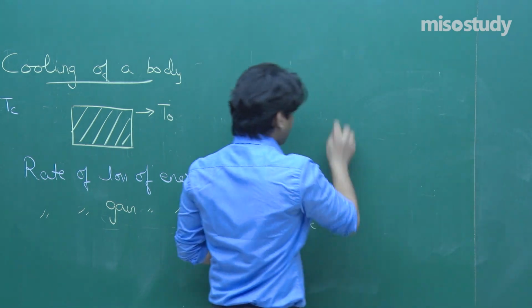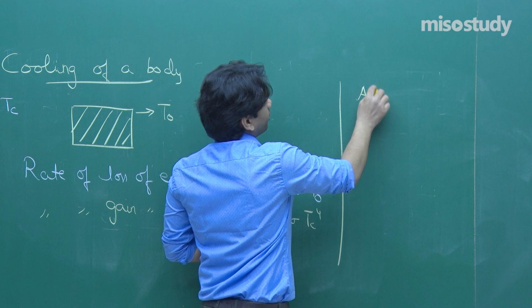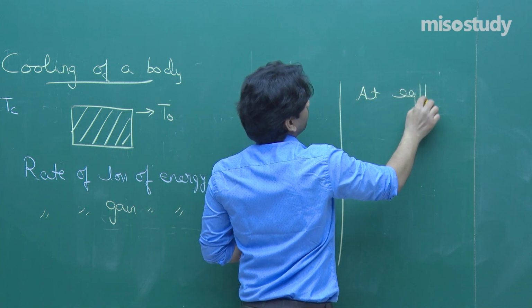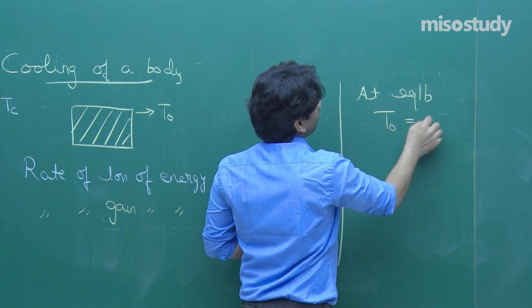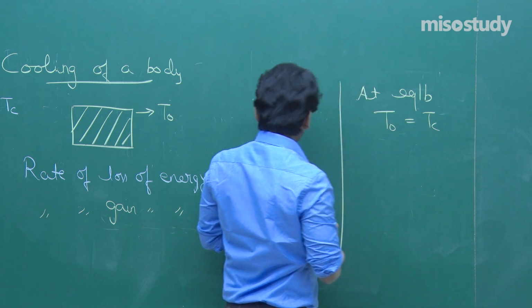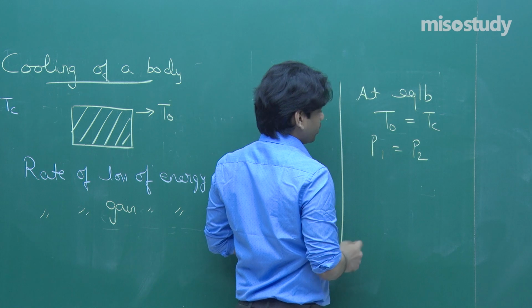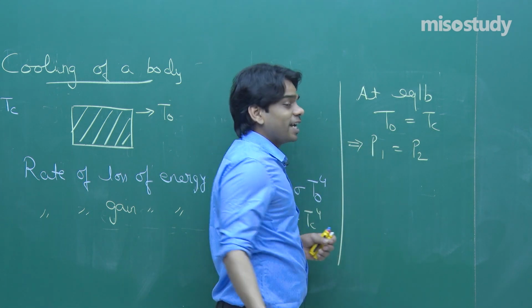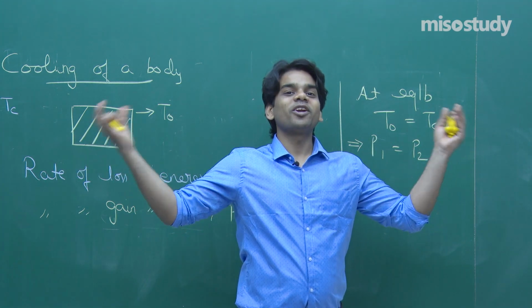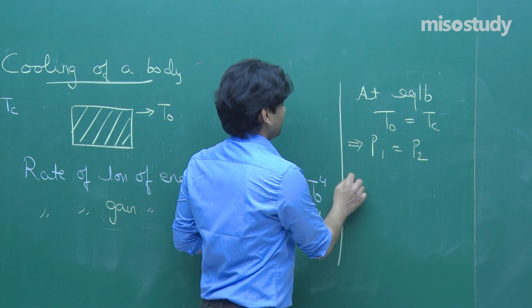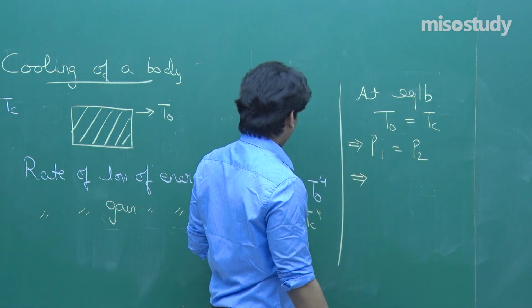So at equilibrium you will find that T naught is equal to Tc, or we can write P1 is equal to P2, because the rate of energy radiated will be equal to the rate of energy incident on the body. The temperature is uniform as per the room temperature.